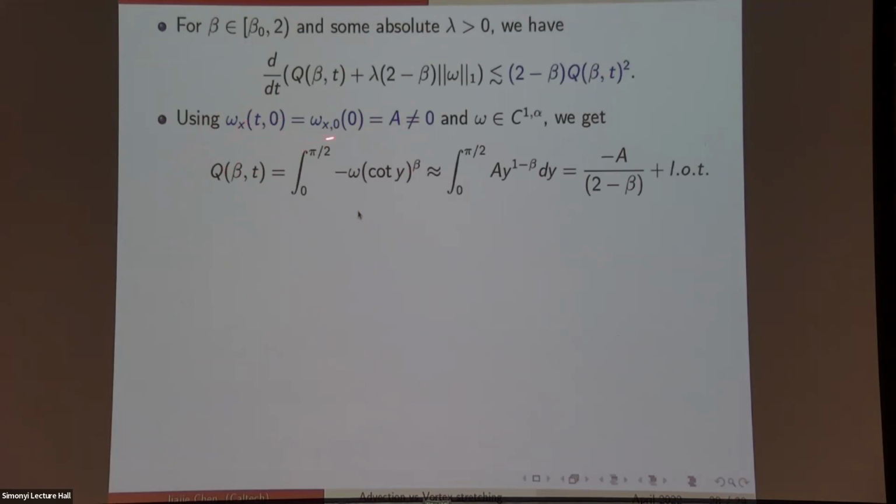Because the slope is given by A, this integral is roughly A times y to the 1 minus beta power. So the main term of this functional Q beta is given by A over 2 minus beta, up to some low order term. The low order term can depend on the norm of C1, can depend on the C1 alpha norm, but it is low order in terms of 2 minus beta.